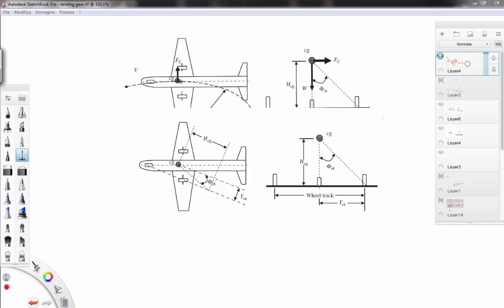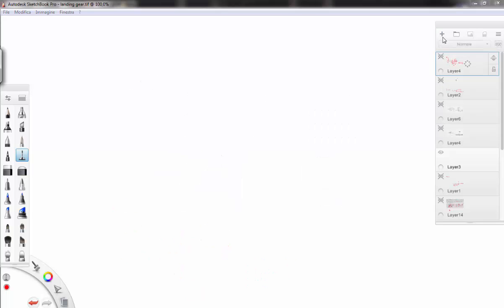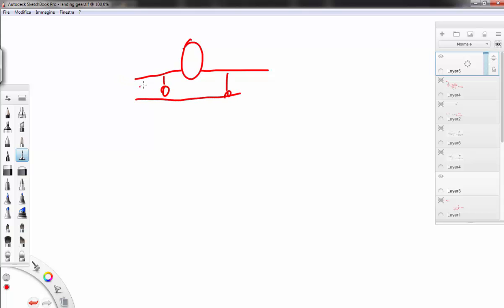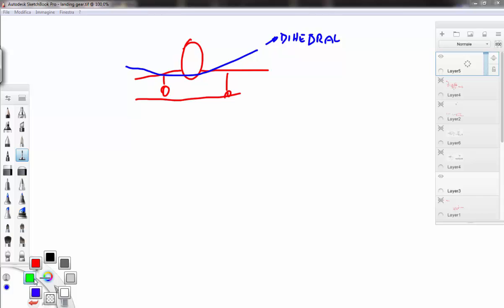Last part is the structural integrity, and of course in here, if we have, as we saw before, the track too large or too small, we will have different effects like this, with dihedral, and anhedral.